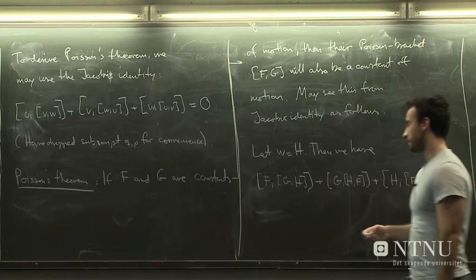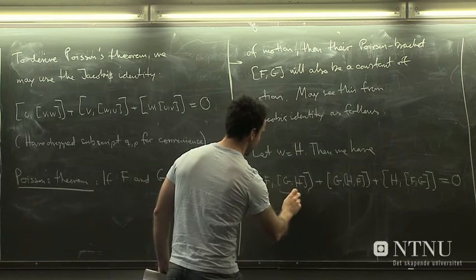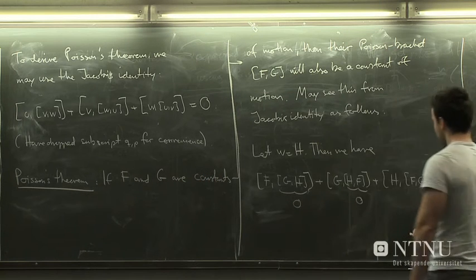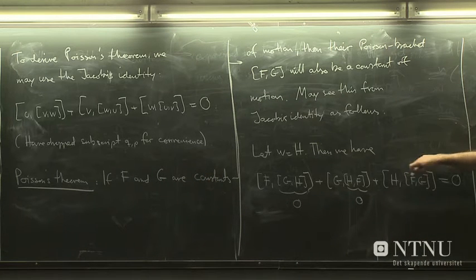And in that case, this is 0. This is 0. So it follows that this quantity here, whatever it is, also has to be a constant of motion, since its Poisson bracket with h is 0. Or if we formulated this in quantum mechanics, its commutator with h would be 0.